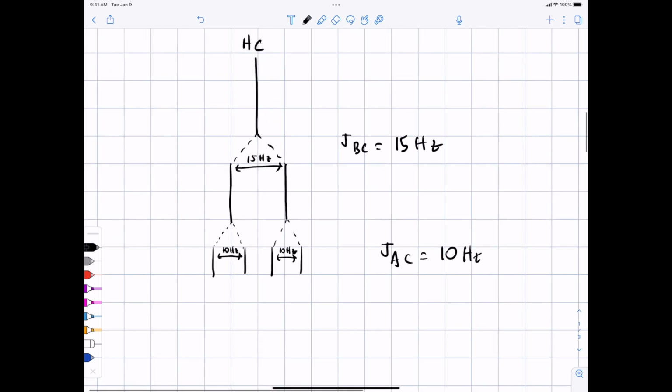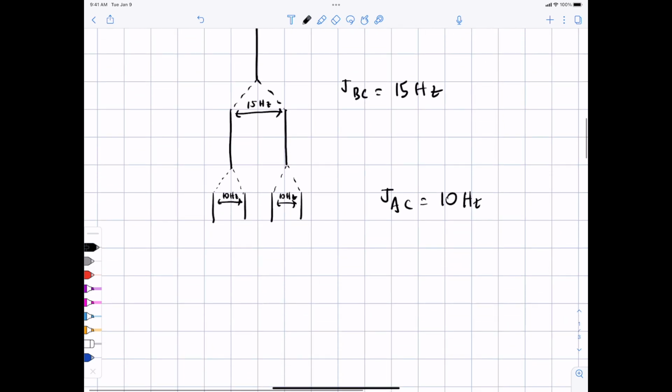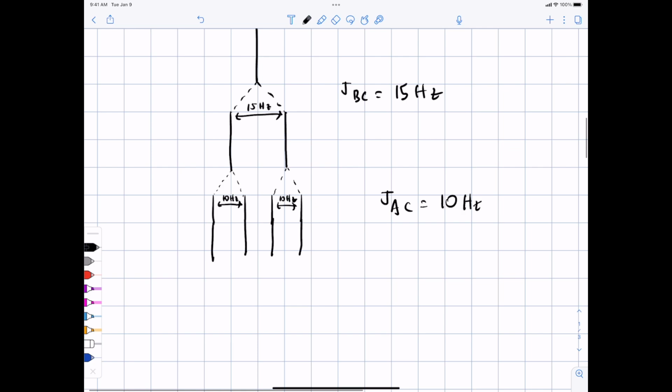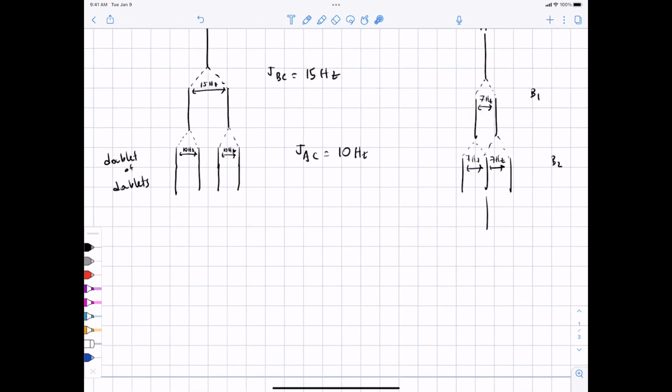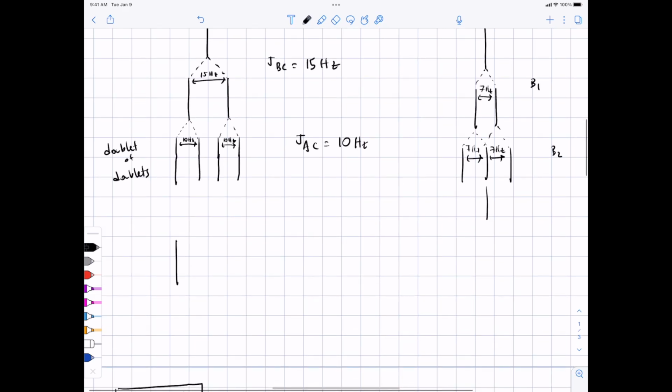So instead of seeing a triplet, what you see is 2 doublets. This pattern is called a doublet of doublets, because you've got one doublet with a 15 hertz constant and a second doublet of a 10 hertz constant. So what you would see for this peak is just a 4-line pattern that looked something like this.